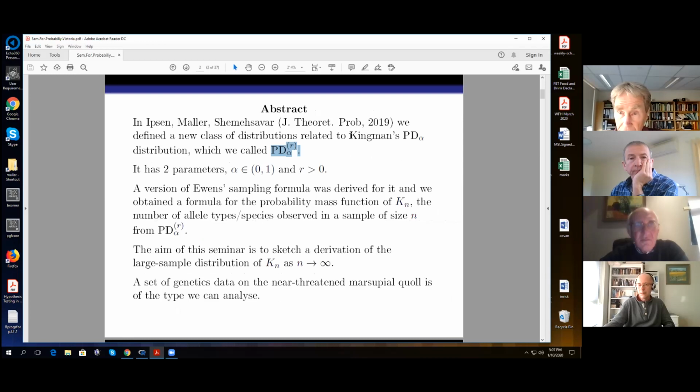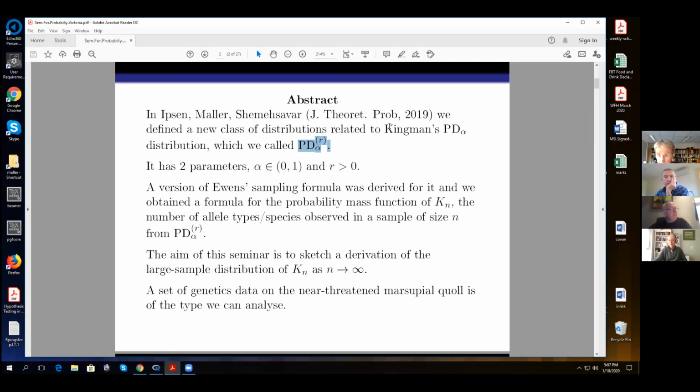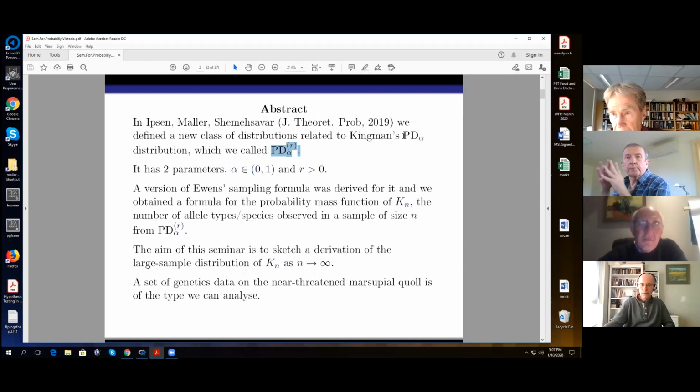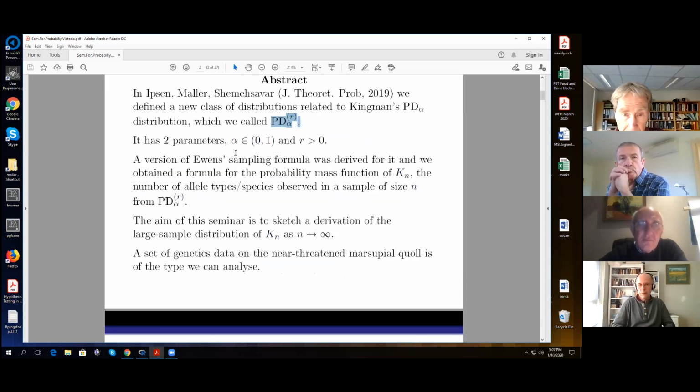It's a generalization of a model due to Kingman, going back to, I think, the 1970s in the last century, which would now be known as a PD alpha model. Our model has two parameters.